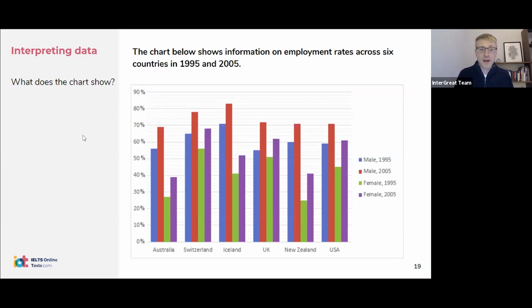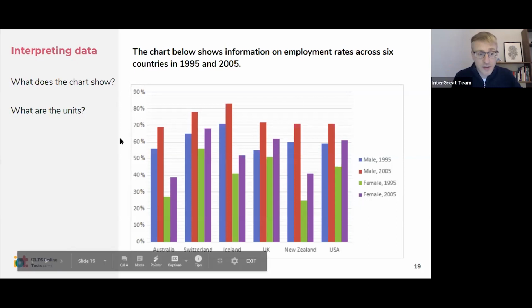Now, it's a bit more detailed, and to unpack, we can ask ourselves some questions. So we can ask ourselves, what are the units that are being used here? You've said it's the number of employees. And I mean, it is about the number, but the chart shows us specifically the percentage, right? So we need to pay attention to the units that are used.